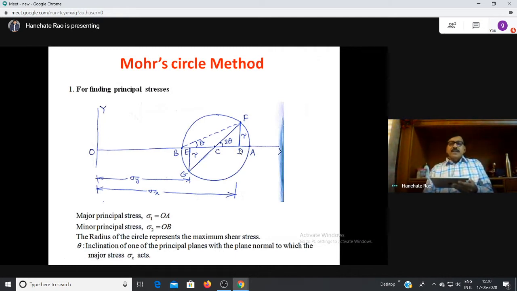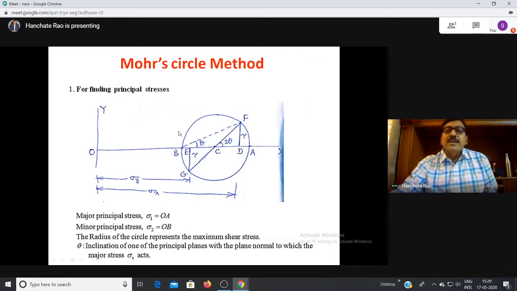Please see that the diameter of the Mohr circle is sigma 1 minus sigma 2. It is not DE. Actually DE is sigma x minus sigma y. CF is the radius.